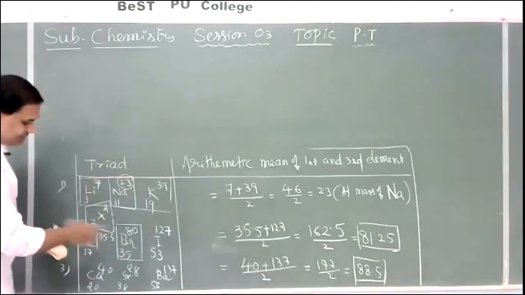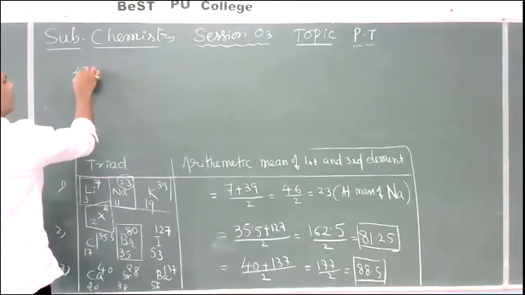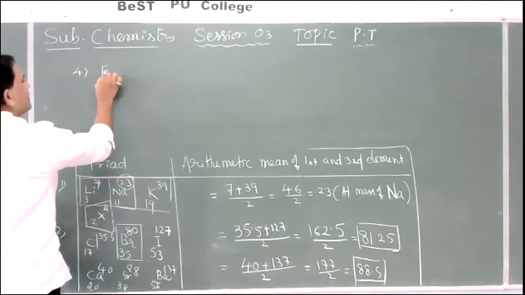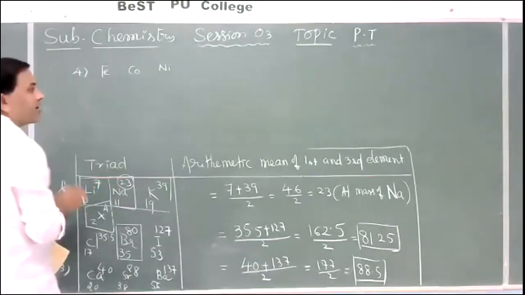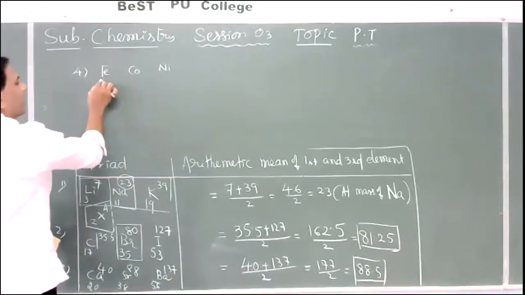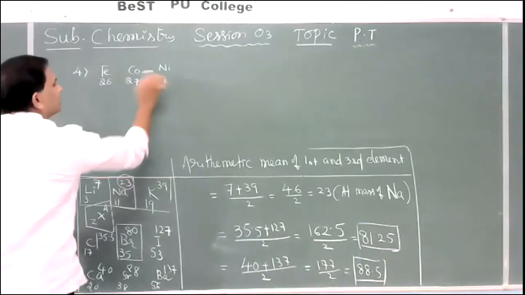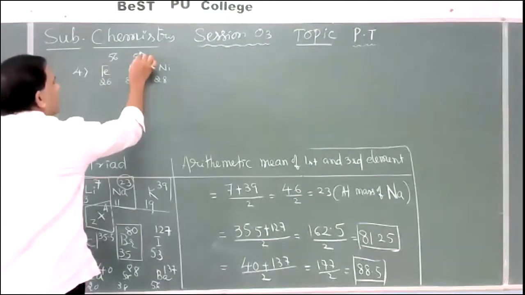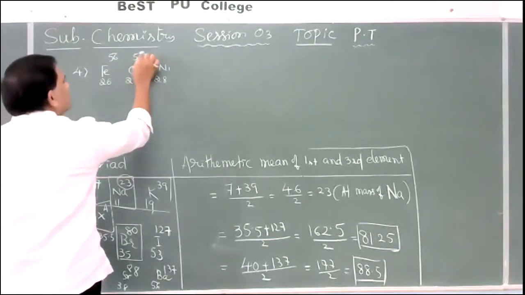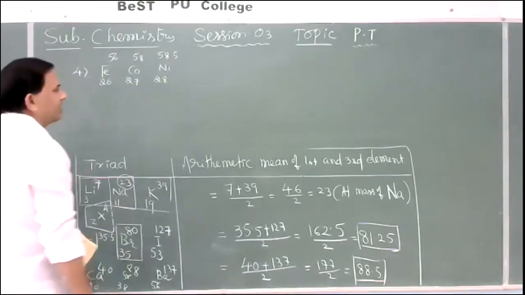You write this in the table only. The fourth example is iron, cobalt, and nickel. The atomic numbers are different, like 26, 27, 28. The masses are nearly 56, nearly 58, and here also 58 point something, 59 nearly.